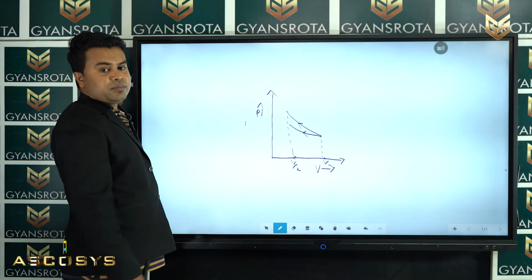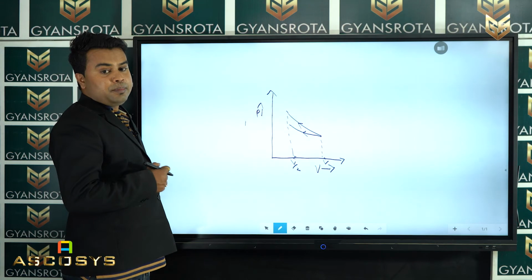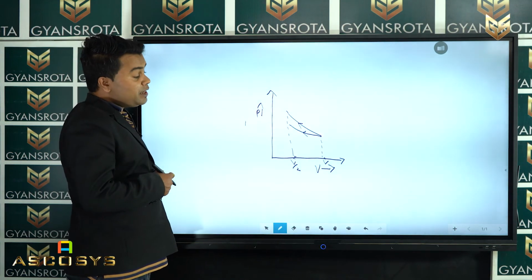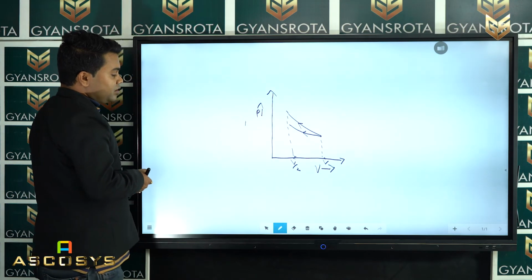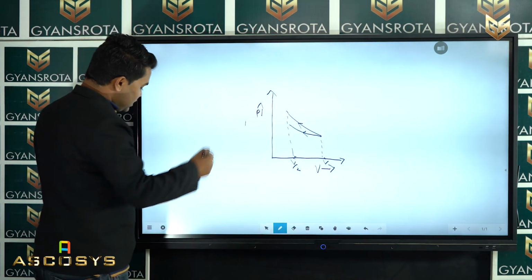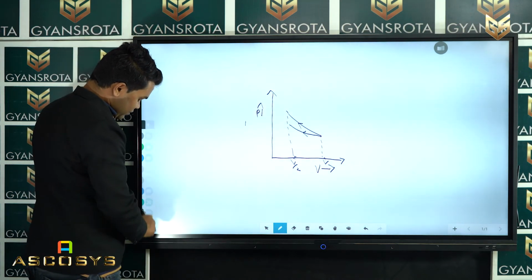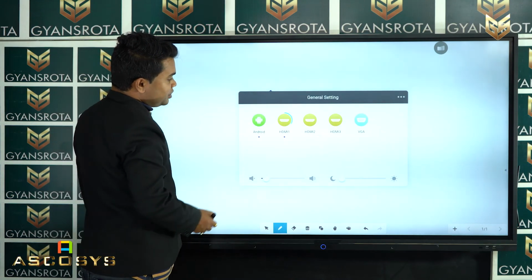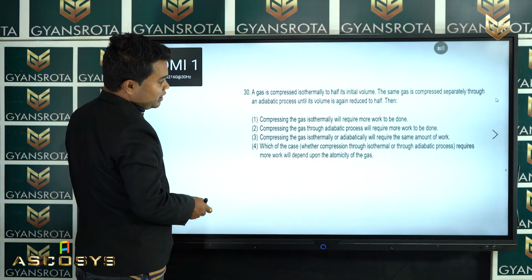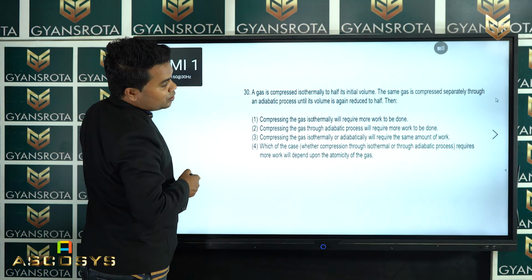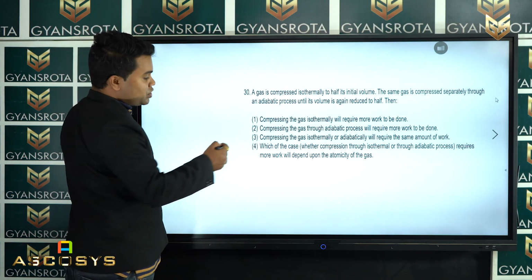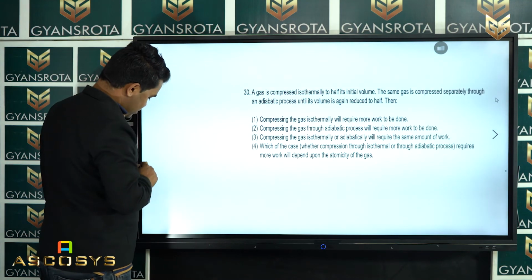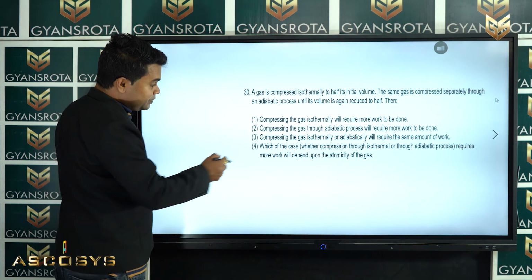It is seen from the equation that compressing the gas through an adiabatic process needs more work done, right? So if you see the option from this PV diagram, compressing the gas through an adiabatic process will require more work done. Number 2 is the correct answer.